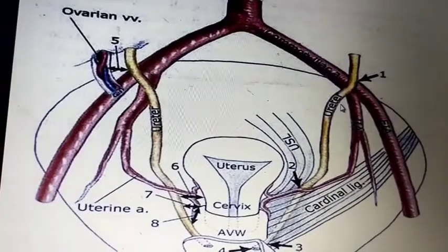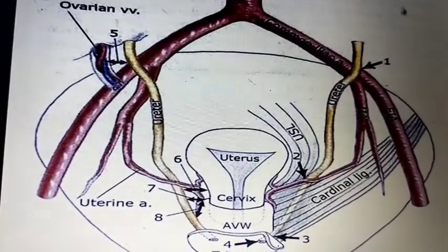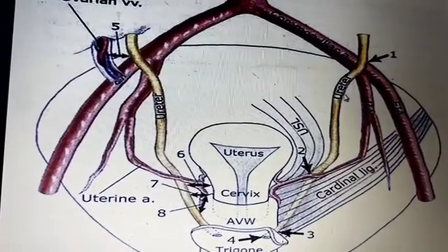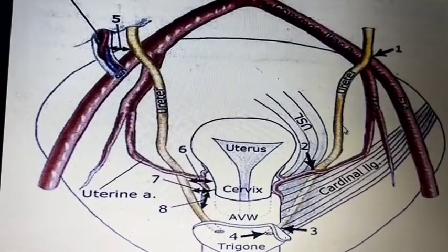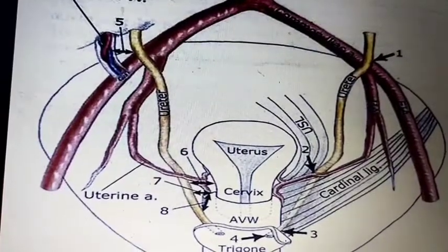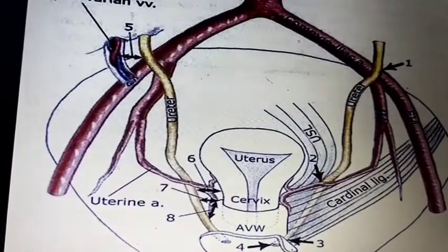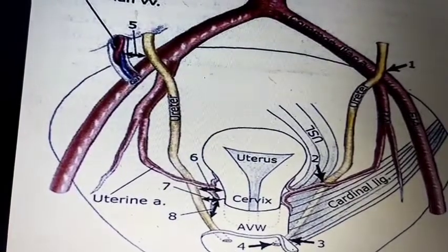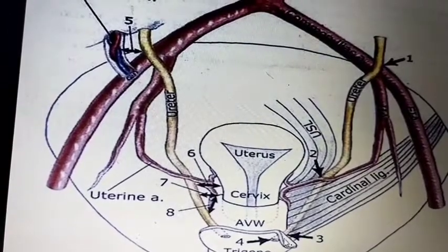How does the ureter run in the pelvis? First it runs downwards, backwards, and laterally, and just opposite the ischial spine it runs forwards, then obliquely, and reaches the urinary bladder.